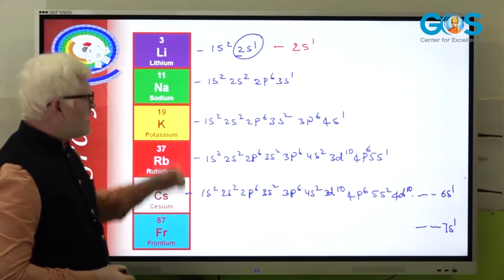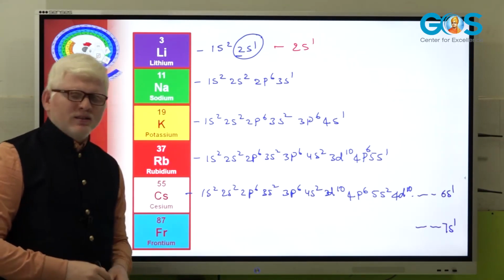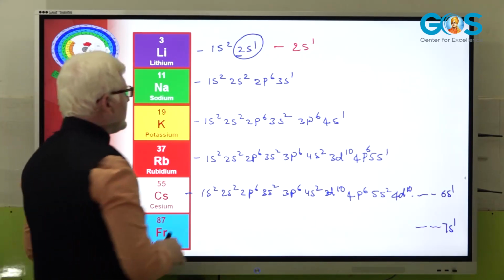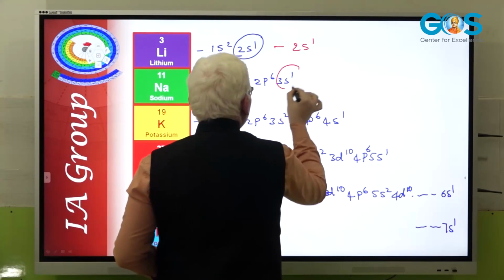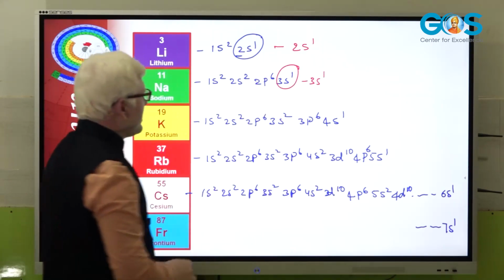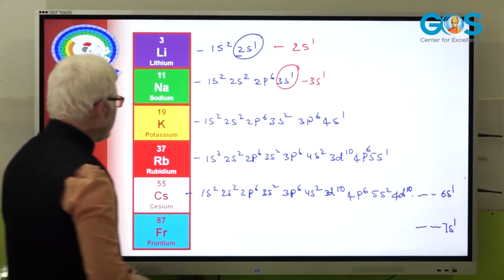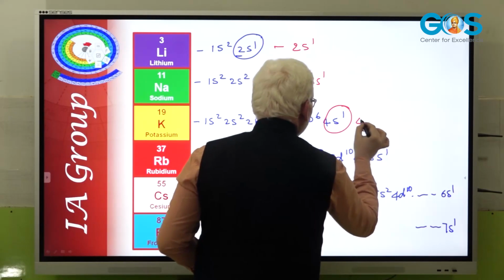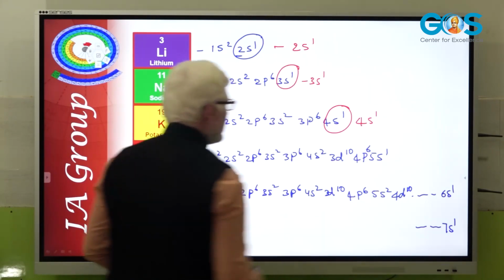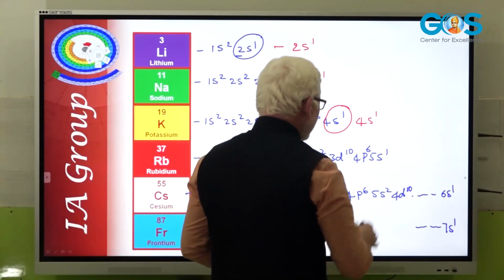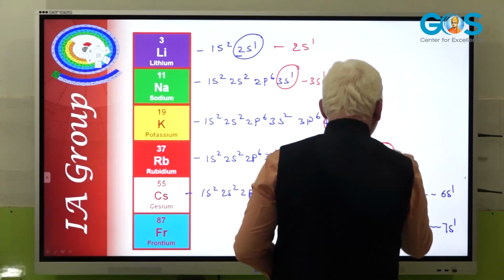In the similar way, sodium has 11 electrons, and the 11th electron enters 3s1, so 3s1 is its valency electronic configuration. Potassium is 4s1. In the similar way, for rubidium the last electron enters the 5s orbital.